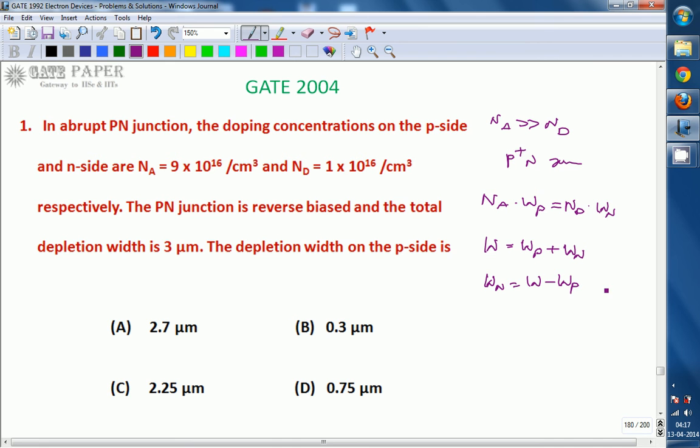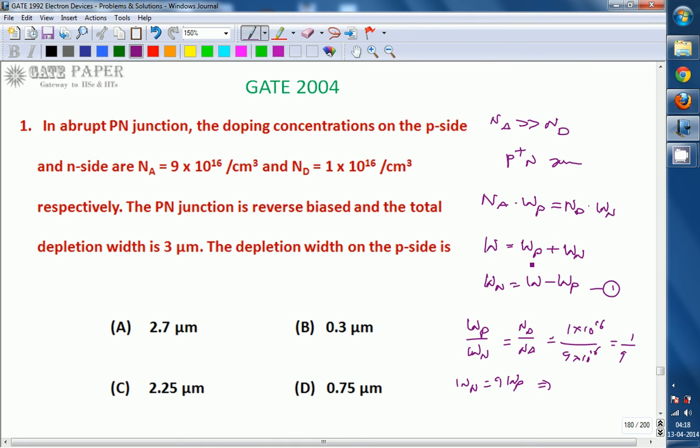Otherwise, from this equation, Wp by Wn is equal to Nd by Na. That is 1 into 10 power 16 divided by 9 into 10 power 16, which is 1 by 9. So Wn is equal to 9 times Wp.